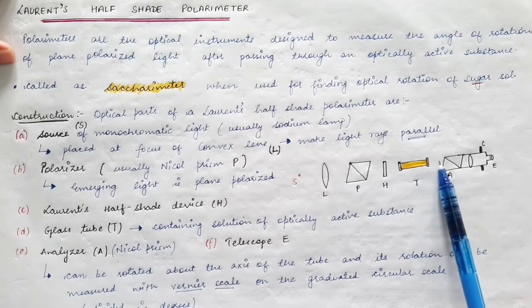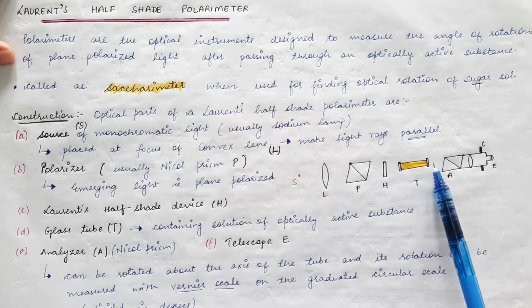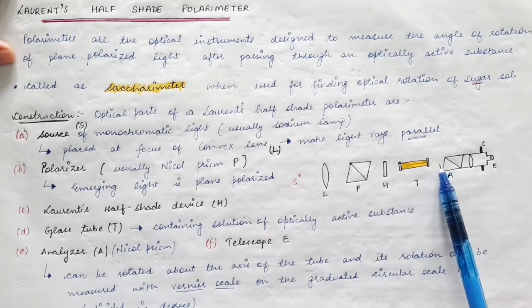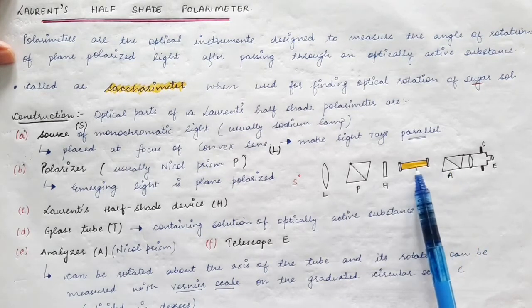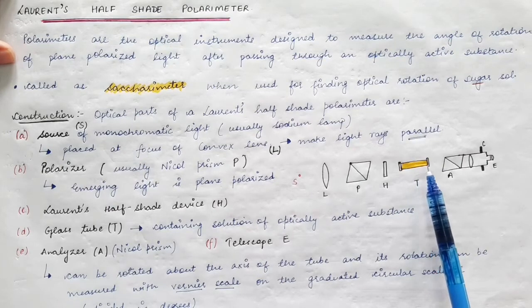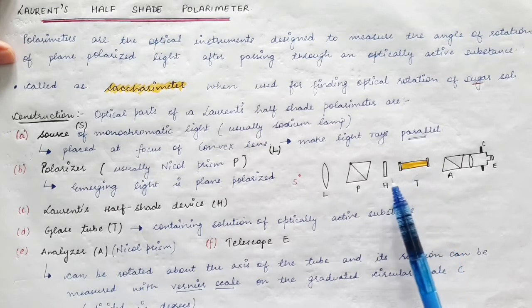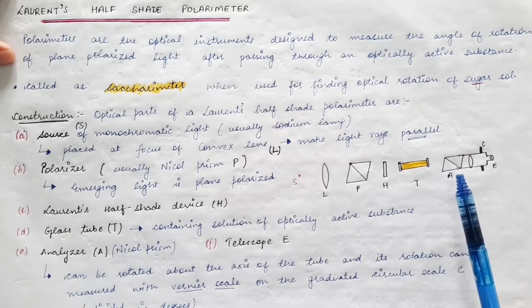The plane polarized light that comes out of this tube will have its vibrations rotated by a certain angle, because the substance in this tube is optically active. This substance has the capability of rotating the plane of polarization of the incoming light.